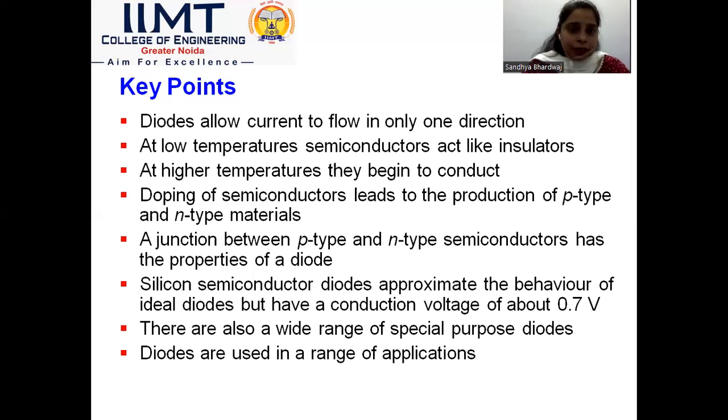Again, at low temperatures, semiconductors act like insulators. With respect to the energy band diagram, the forbidden energy gap between the valence band and conduction band is small, but at low temperature or 0 degrees, the electrons do not have enough energy to move from the valence band to the conduction band.